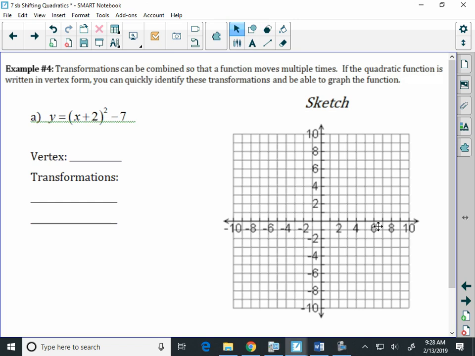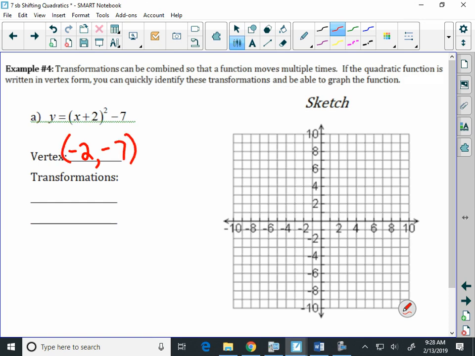Before we get there, we need to identify the vertex of this function. When we look at it, we see that it's in vertex form already. What happens is we're going to change the sign, and we're going to keep the sign. So the vertex is -2, -7. I know that it says x plus 2.